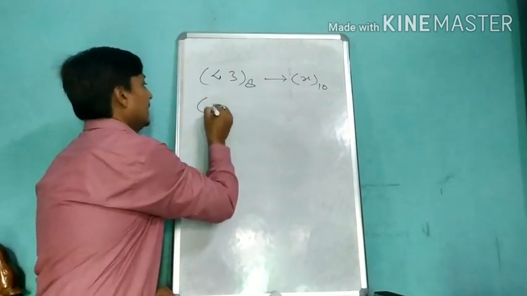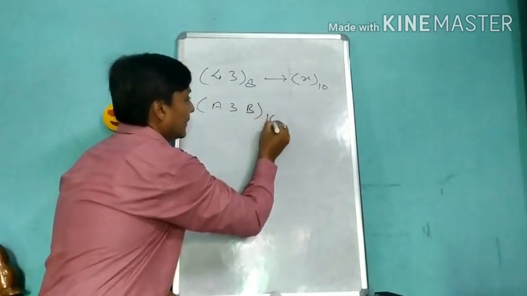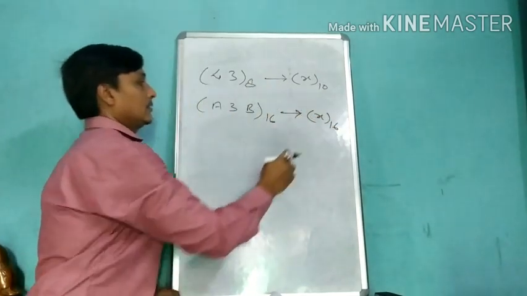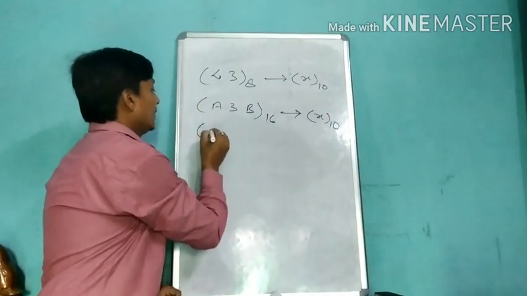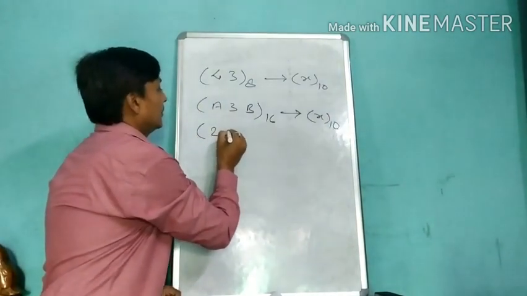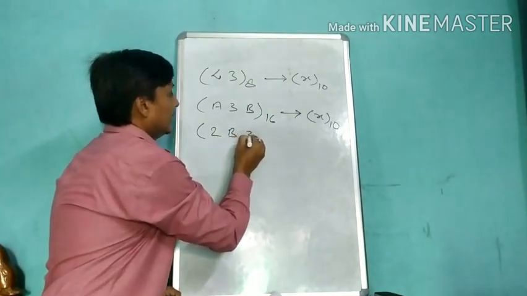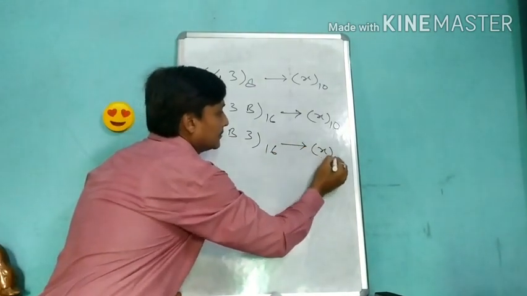If I have given A, C, B, then you know what you have to do. Sorry, 10. If I have given 2, B and 3, now you know what you have to do.